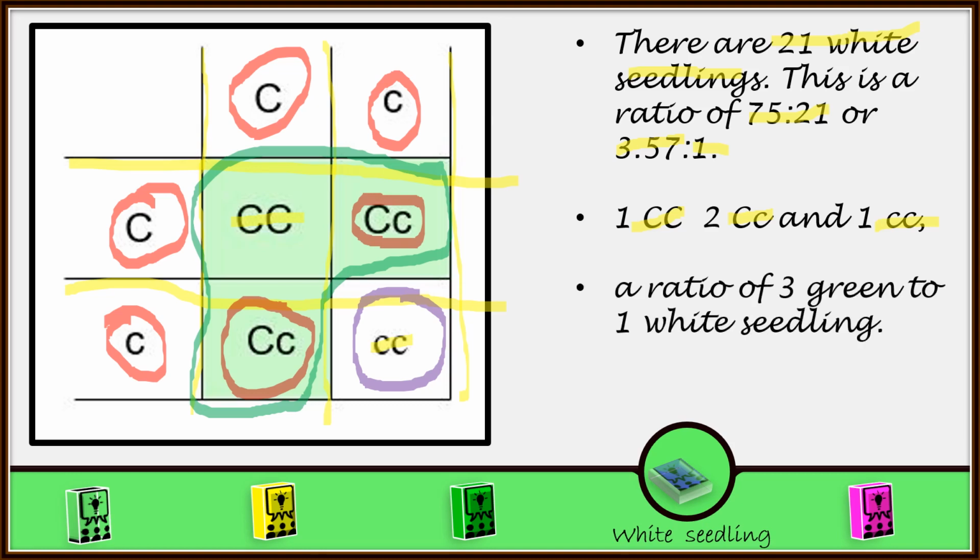A ratio of 3 green to 1 white seedling. So we have 3 green seedlings and only 1 white seedling.